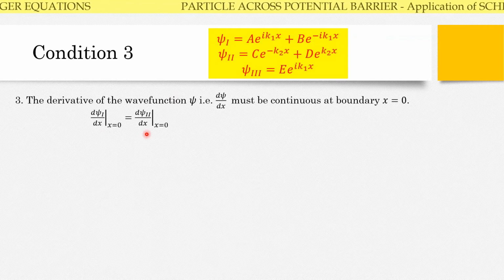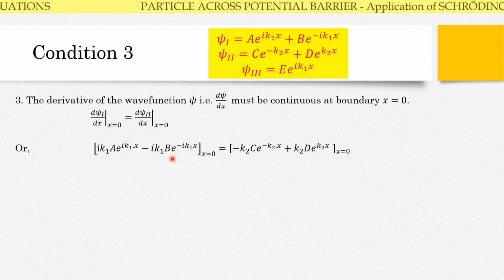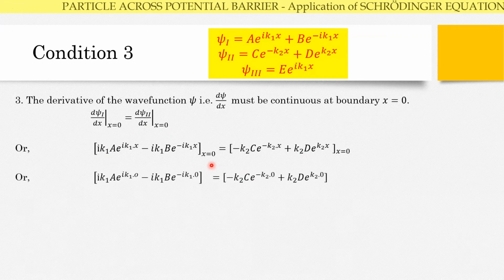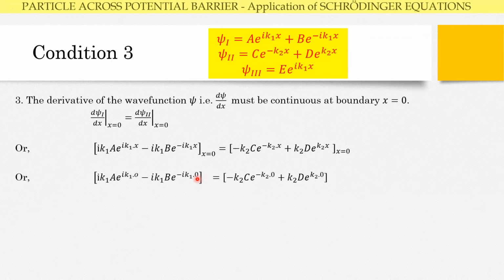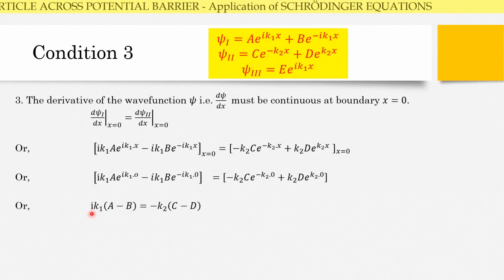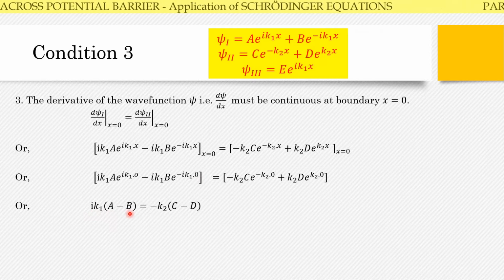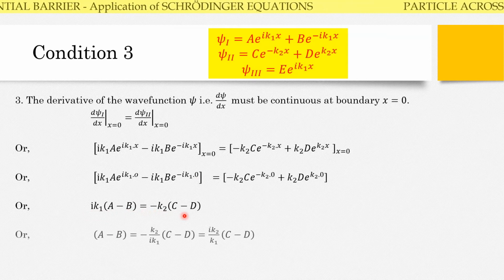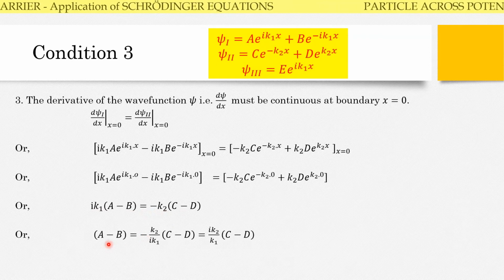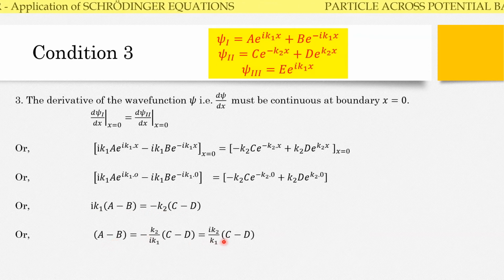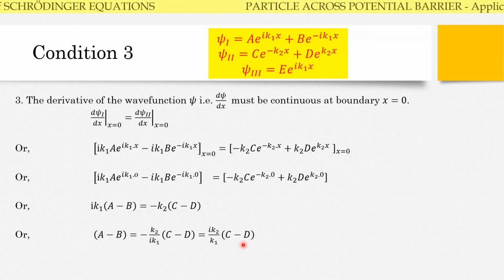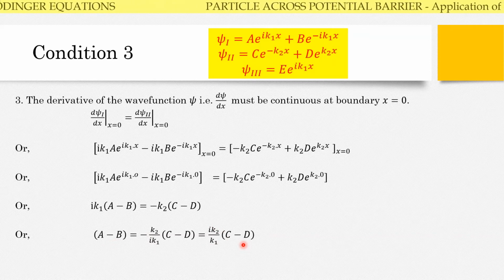So if you take derivatives and solve them, and in the final result put x equal to 0, finally you will get iota k1 into A minus B is equal to minus k2 into C minus D. Or simply I can write A minus B is equal to iota k2 over k1 into C minus D. So this is the third relation connecting the arbitrary constants.